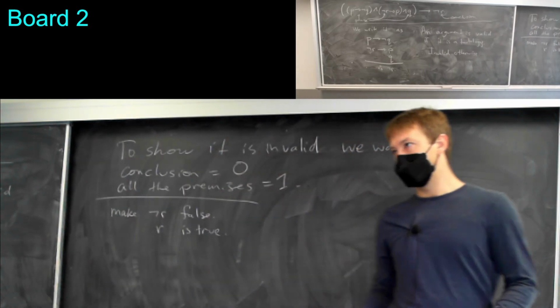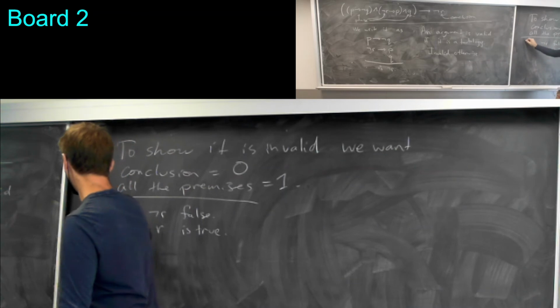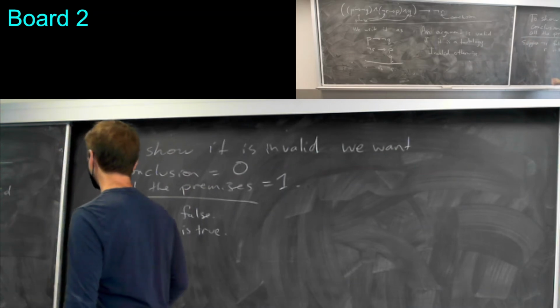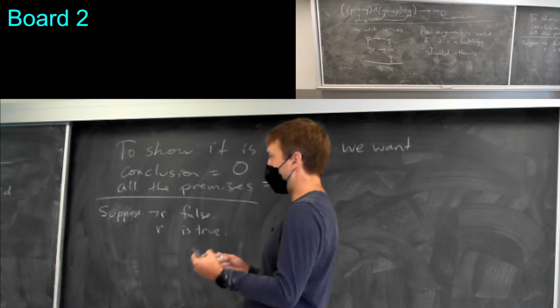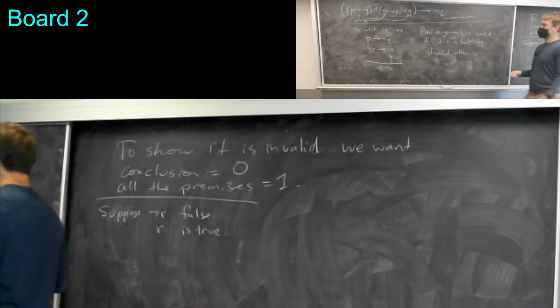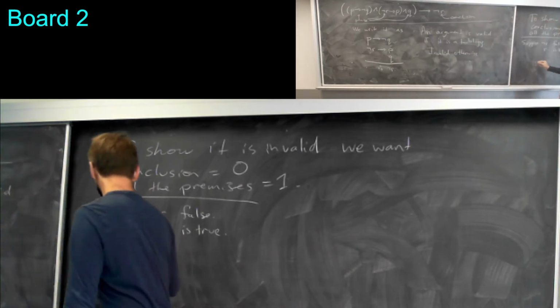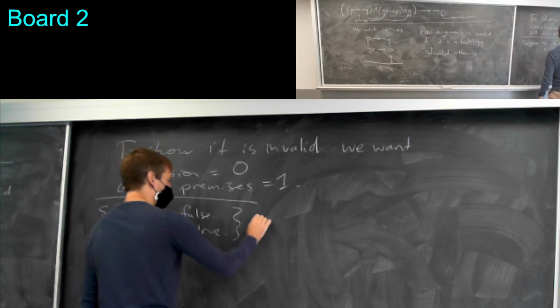Or instead of saying make, let's say suppose not R is false. Now, how am I going to make the premises true? Q is easy to make true. So now the conclusion is false.